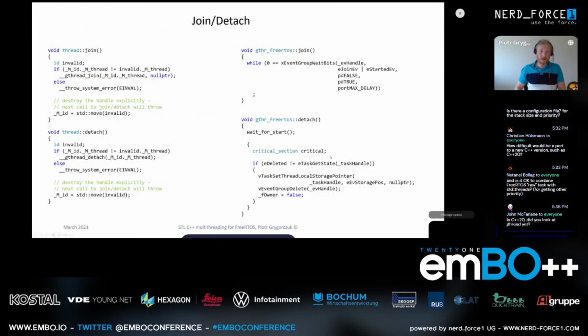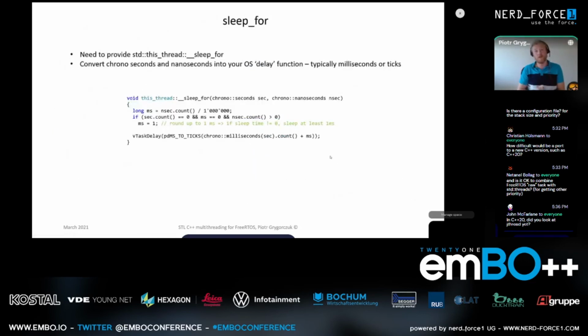So this is thread. There are two more functions in std::this_thread: sleep_for and sleep_until. Sleep_for is implemented, but it's calling __sleep_for internally, which takes the seconds and nanoseconds from chrono.